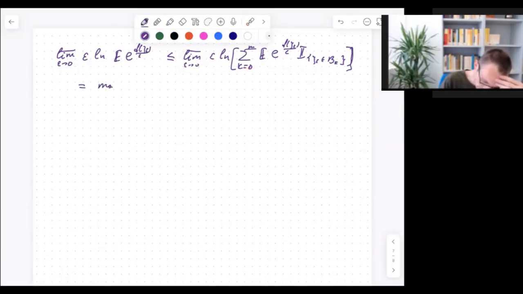It is the maximum over k from 0 to m of the limsup as epsilon goes to 0 of epsilon logarithm of the expectation of e to the power f of psi epsilon divided by epsilon, times the indicator of psi epsilon belonging to bk.